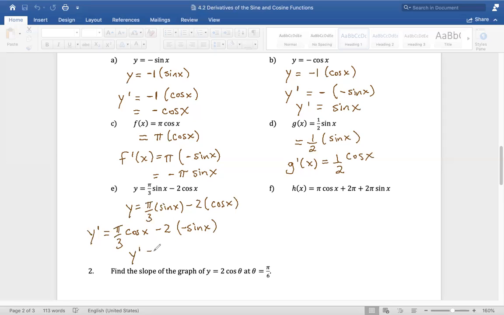So then the derivative would be the first term stays the same, pi over 3 cos of x, and then positive now, 2 sine of x. And that's all there is to it.